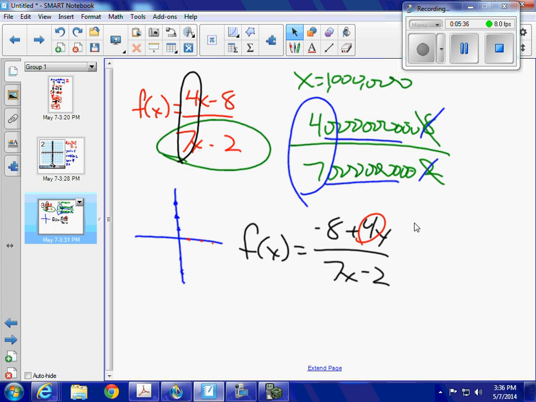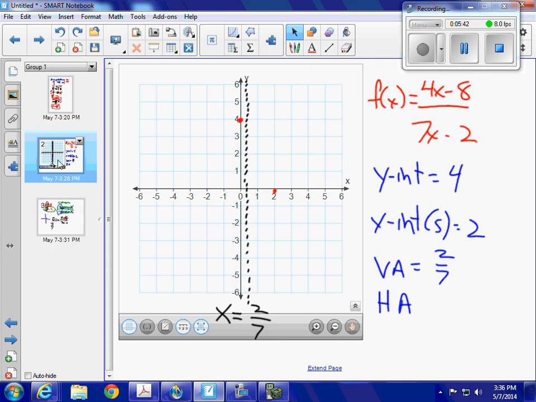So my horizontal asymptote is going to be 4/7. Okay, let's go back to our graph. I'll say my horizontal asymptote is equal to 4/7, and I'll graph that in. That's a little bit more than a half, I think. So I'll go right like this, and I'll label it y equals 4/7.